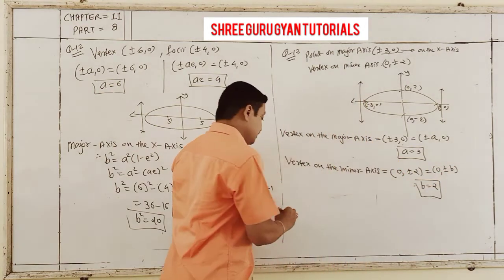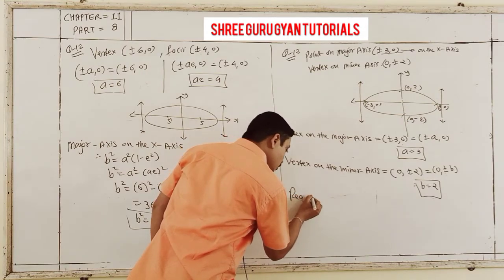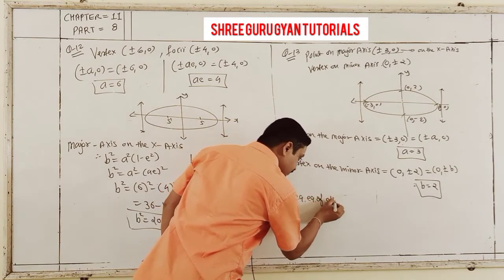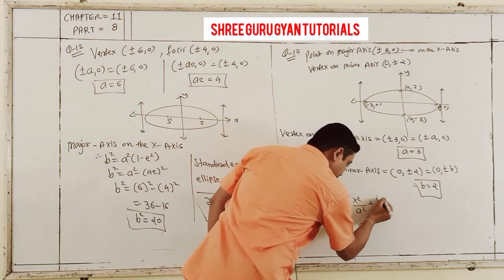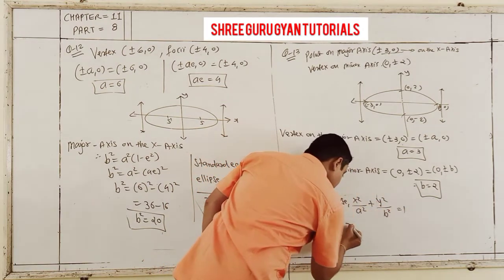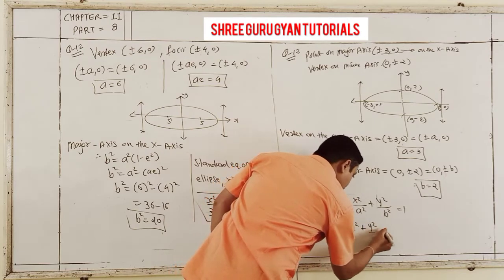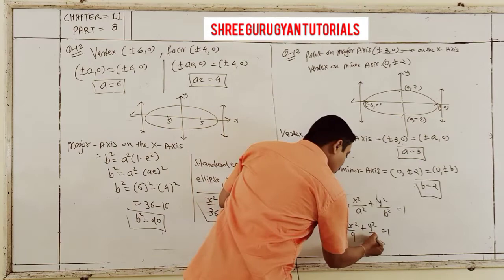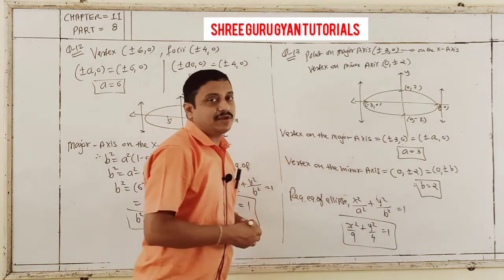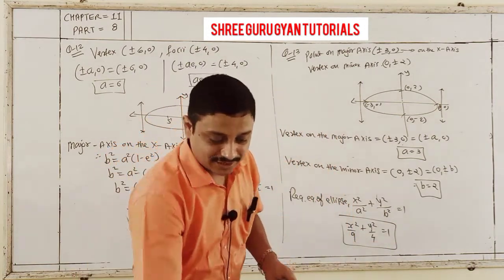Now finally the required equation of the ellipse: x square by a square plus y square by b square is equal to 1. What is a square? 3 means 9. B is 2, so b square is 4. And that becomes your simple way, students.